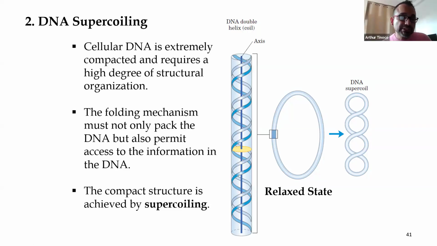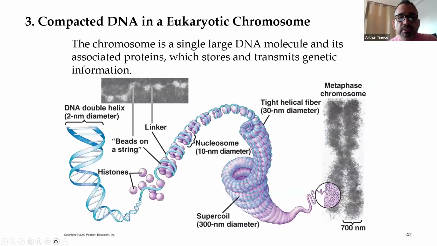So cellular DNA is extremely compact because of this supercoiling process and requires a high degree of structural organization. The folding mechanism must not only pack the DNA, but also, very importantly, permit access to the information in the DNA. The compact structure is achieved by this supercoiling process.